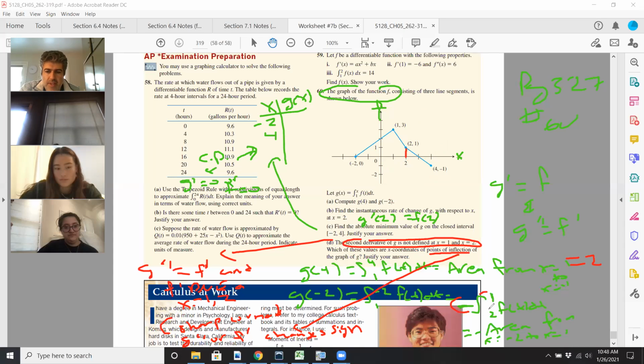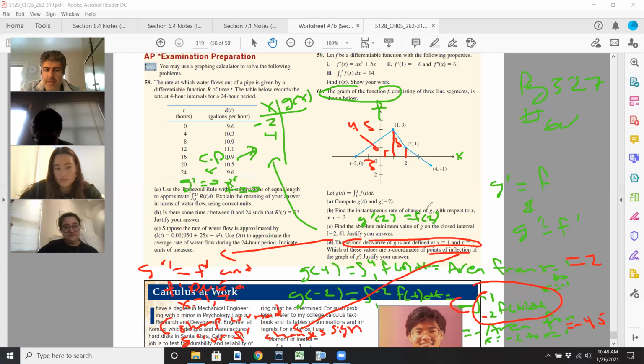So from -2 to 1, that's positive area. That's 3 and 3. So that area is 4.5. But because we reversed the order of integration from the get-go, because it wasn't from -2 to 1 originally, it was from 1 to -2, you have to make it -4.5. That's the reason why. So G of -2 is -4.5.